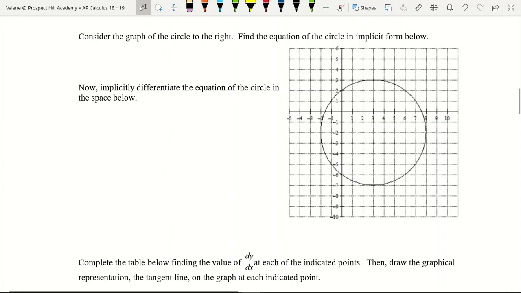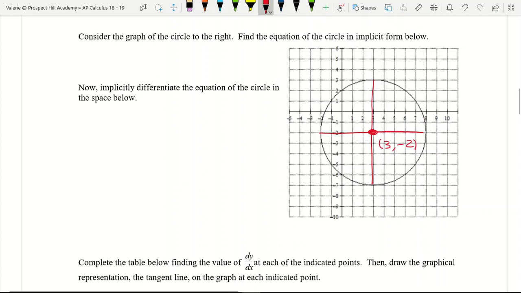It doesn't give us much information, so we're going to try to find the center of the circle, and I'm going to do so by just drawing a line down the middle of the circle vertically and horizontally. And where they meet will tell us where the center of our circle is. So the center is at (3, -2).